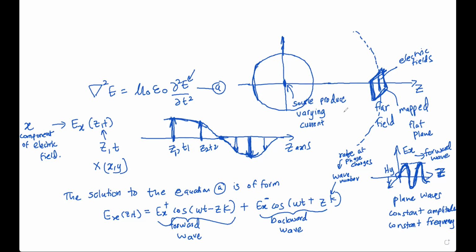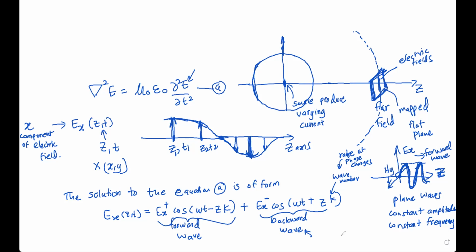We are only going to consider the forward wave. The reason is the backward wave only, or most of the time, occurs when it hits a certain object and reflects back, so the wave goes in another direction, opposite to the direction of the initial wave propagation.